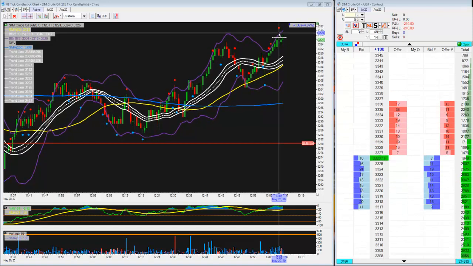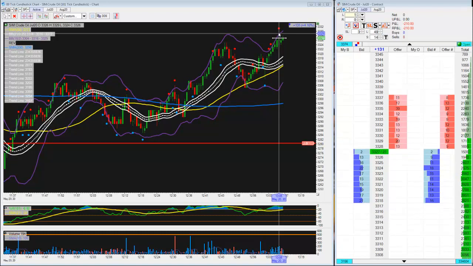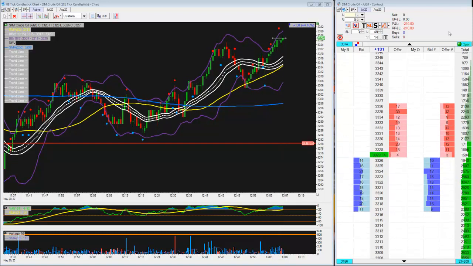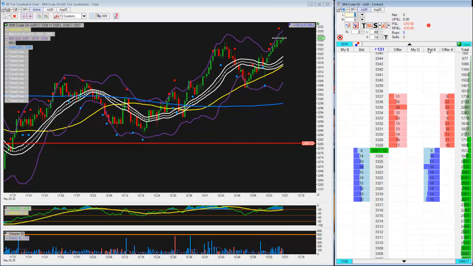We bring it in at 33.76. Be a little bit higher than the high right there.